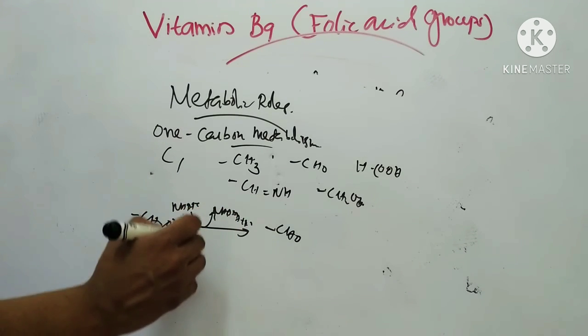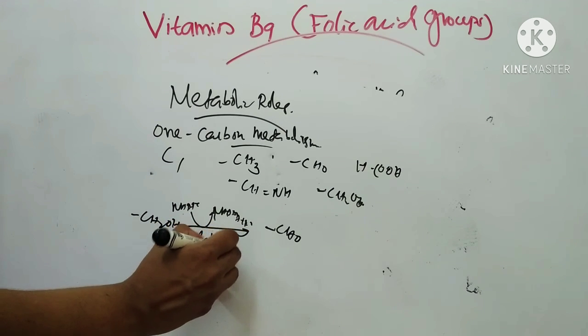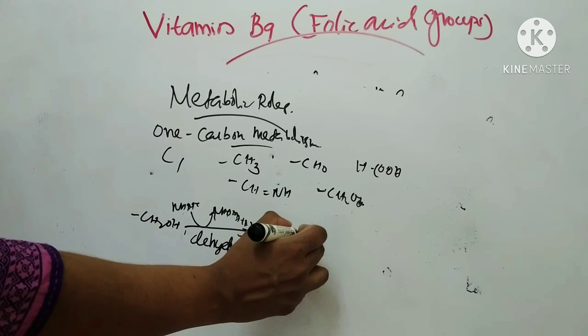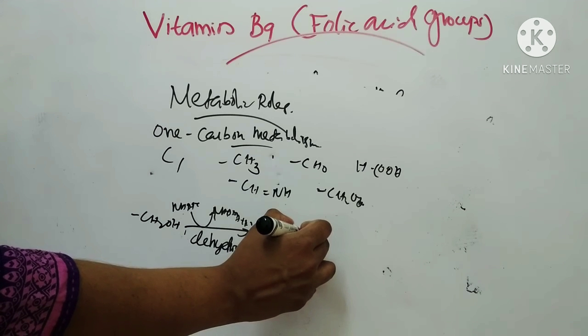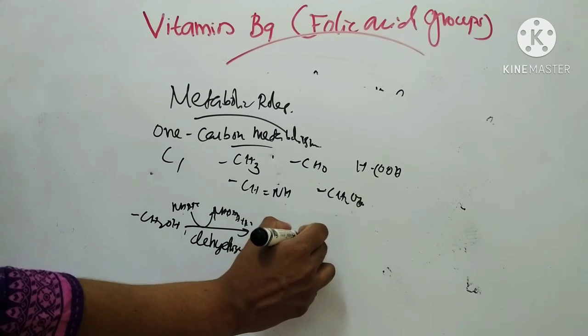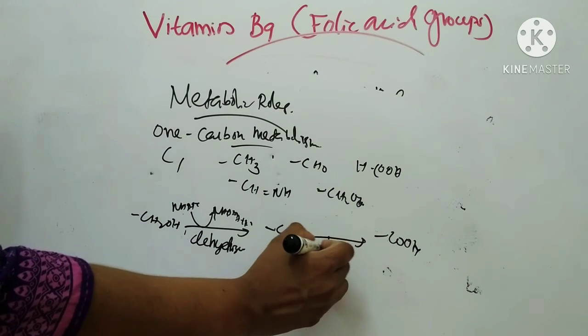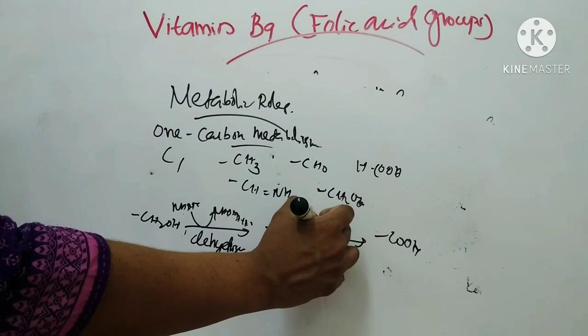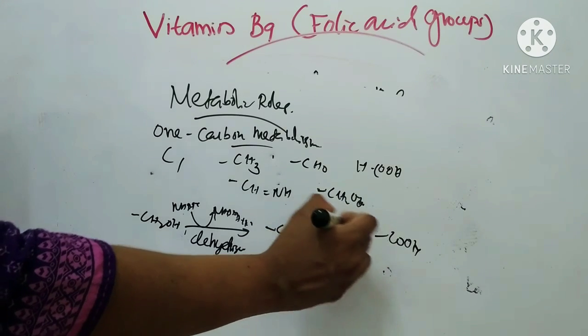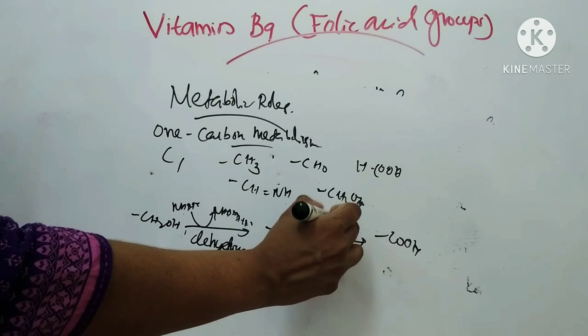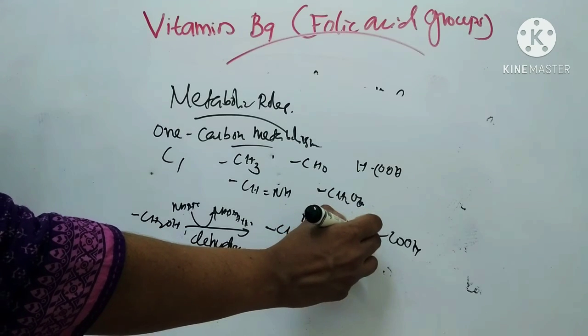Then CHO, formyl, is converted to COOH by the same enzyme, with H2O released, and NAD plus converted to NADH plus H plus.